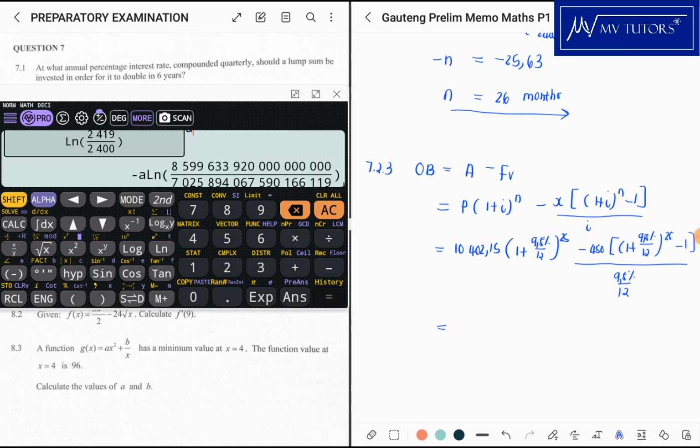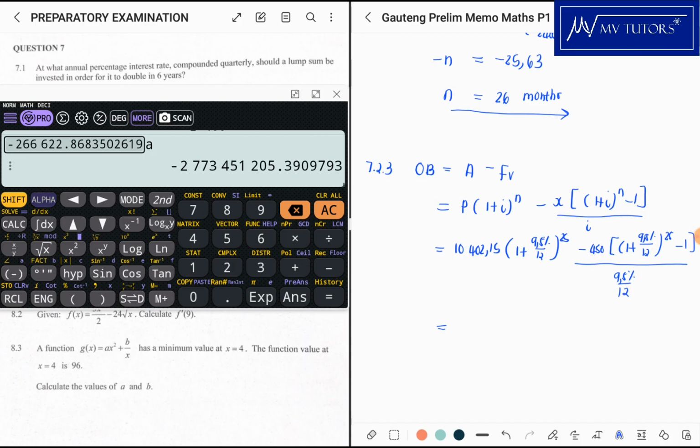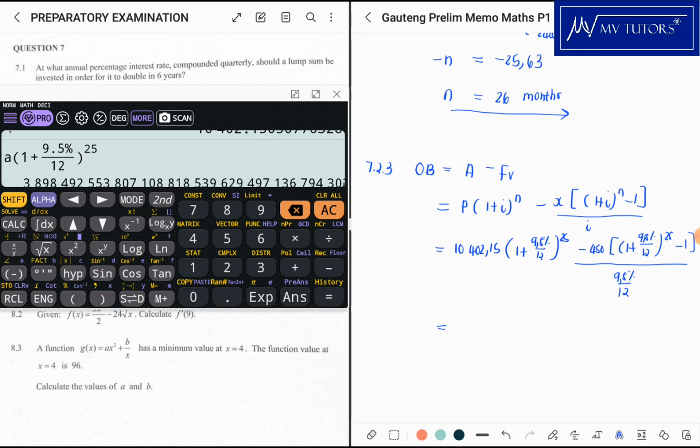Alpha A, yes. So there we have A multiplied by 1 plus 9.5% all over 12, to the power 25, and then minus, we have 450.